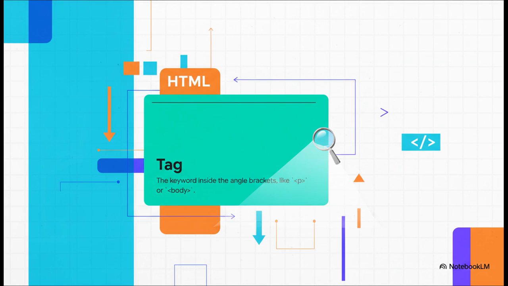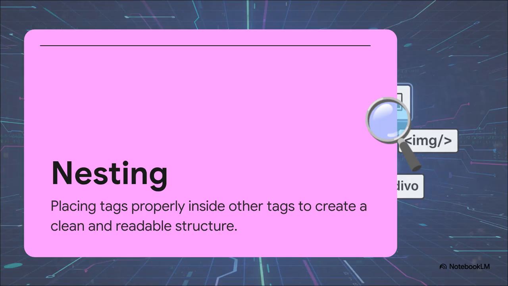So H1 is the opening tag, and slash H1 is the closing tag. The tags are like the instructions that tell the browser what kind of content it's dealing with. And finally, nesting. This is just a fancy word for putting elements inside other elements, kind of like those Russian nesting dolls. In our example, the title element was nested inside the head element. Getting this hierarchy right is absolutely essential for the browser to understand your page.